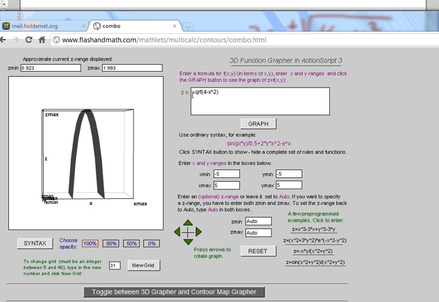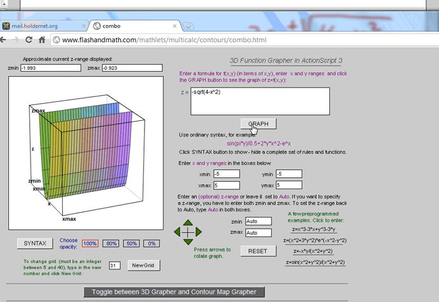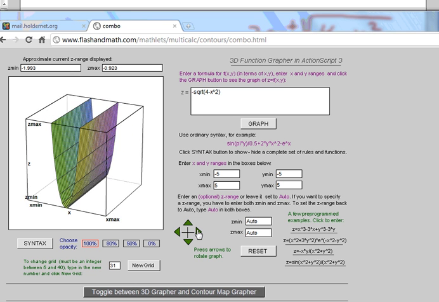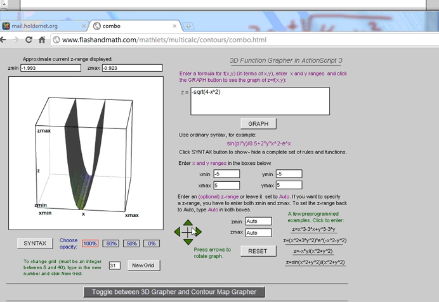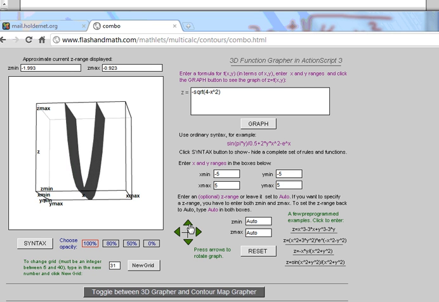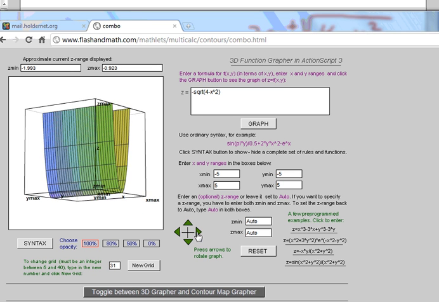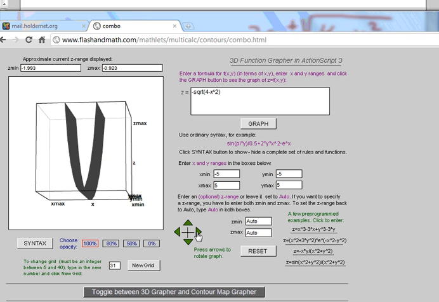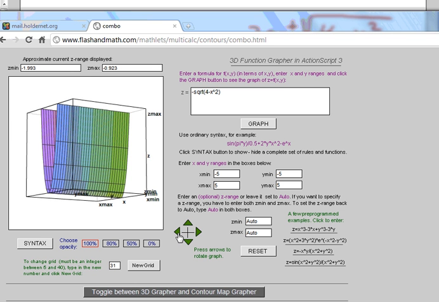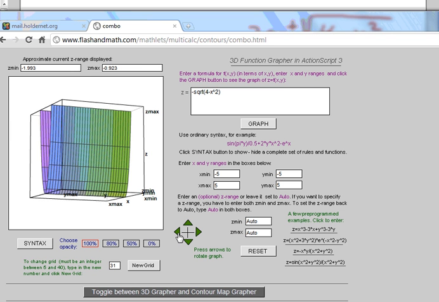And if I were to put the minus in here, now we're looking at the second half of it. So again, the key thing is that it's running along the y-axis.